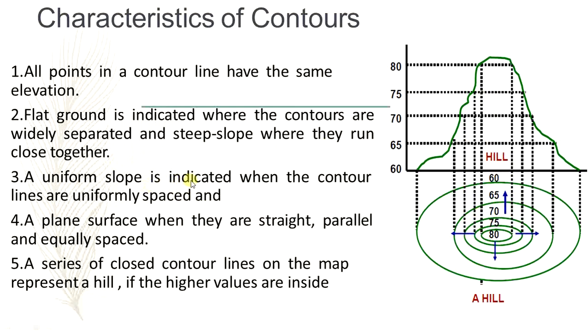A uniform slope is indicated when the contour lines are uniformly spaced. A plane surface is indicated when they are straight, parallel and equally spaced. A series of closed contour lines on the map represents a hill if the higher values are inside.